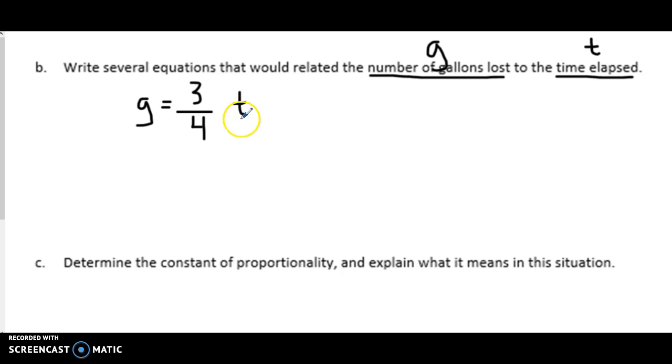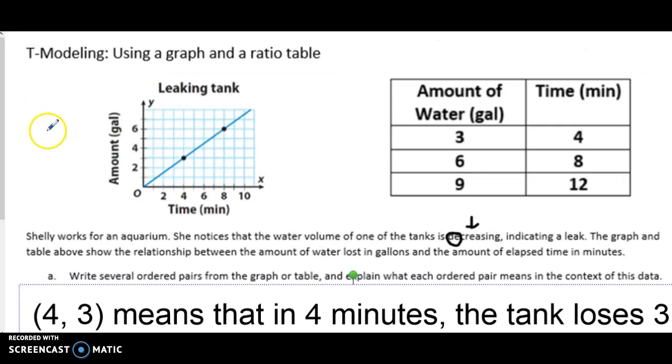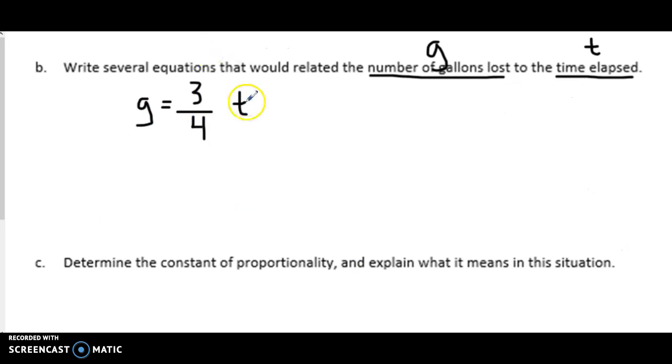I can plug in a G and a T and see if that actually works. So I know that in my equation, 4 represented my T, 3 represented my G. So I can say 3 equals 3/4 times 4. Okay, let's double check that.